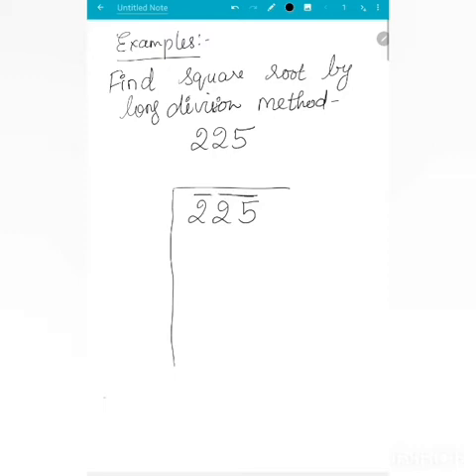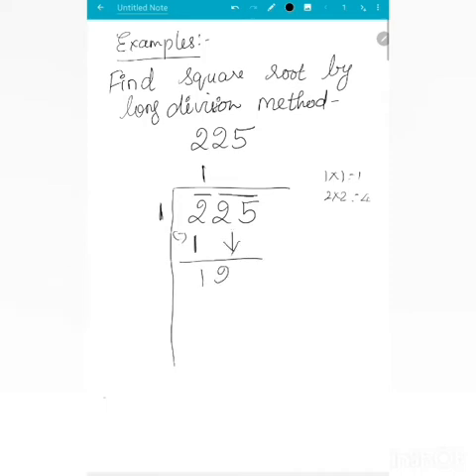Tell me the nearest square number. 2 is not a square number. So the nearest square number is 1. 1 one is 1. 2 twos are 4, but here we have only 2. So 1 one is 1. Just subtract.